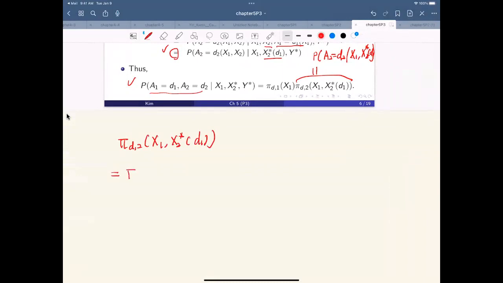This one doesn't depend on A2. A2 is actually D2 of X1 and X2 star D1. Okay, so that's one way.